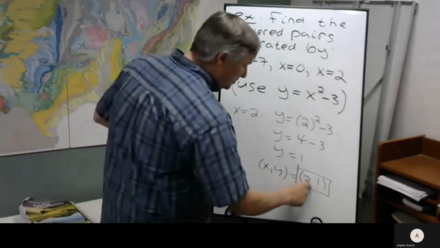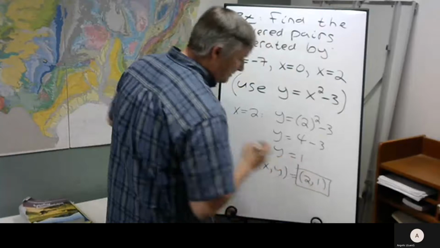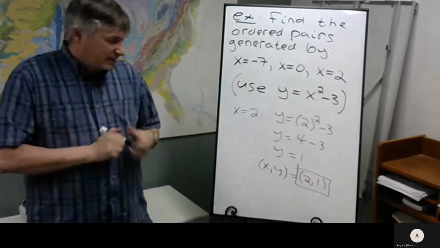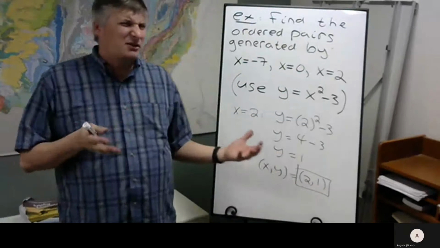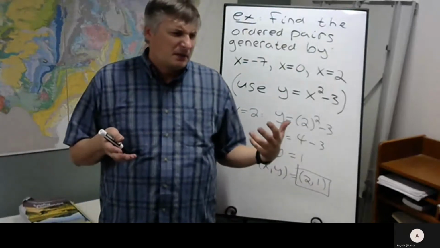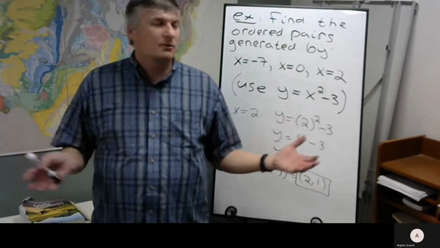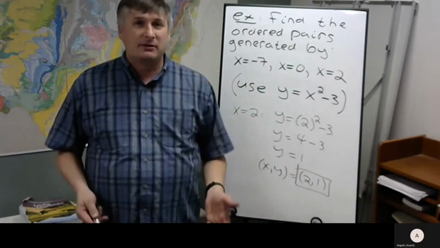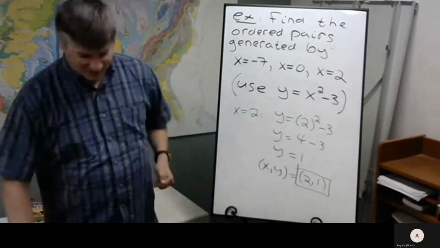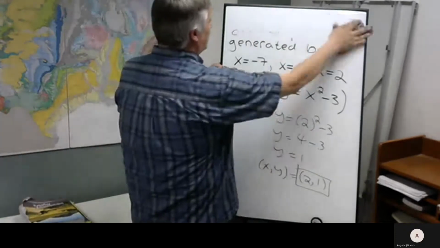So that's how we can generate ordered pairs. And what we're going to do now is bring this idea of the rectangular coordinate plane, put that together with this ability to generate ordered pairs, and graph these different equations. We're going to bring this all together.